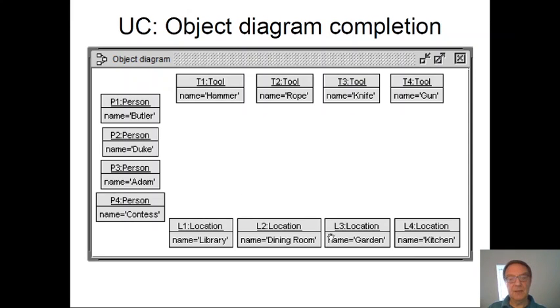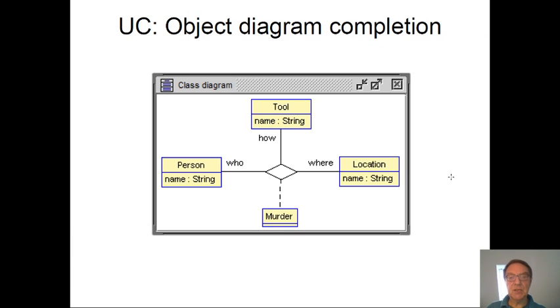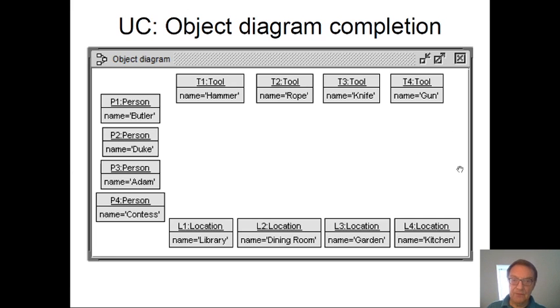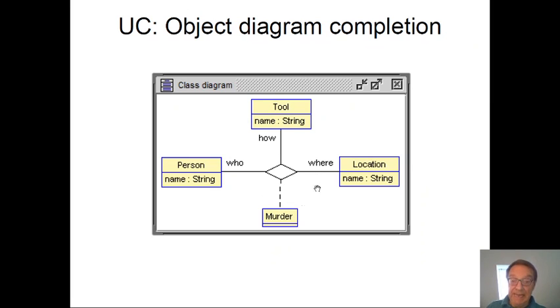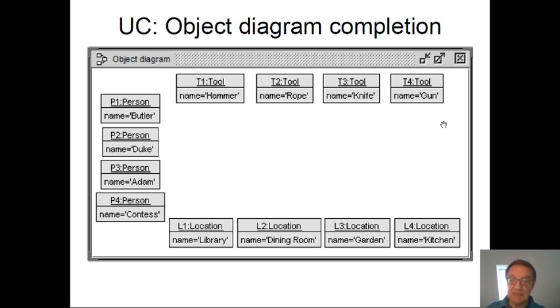So we have here a partial object diagram which fits to the class diagram. And what you now want to have is a link for this ternary association, and the link is missing here in the object diagram. The link should identify the murderer, and well, that's another job that you can let the model validator do.